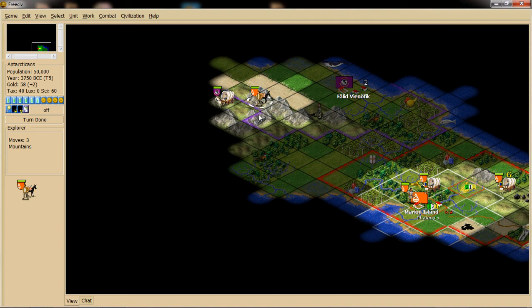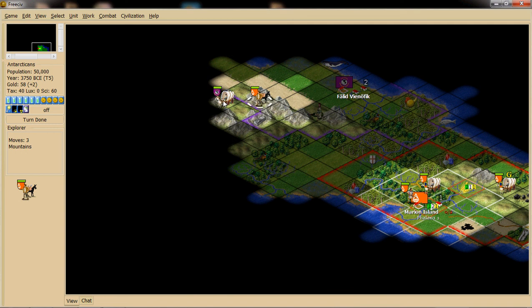We see that he is indeed in the explorer's zone of control. So he cannot move to this tile, because that would be moving from a tile that's within a zone of control into another tile that's also within my zone of control.